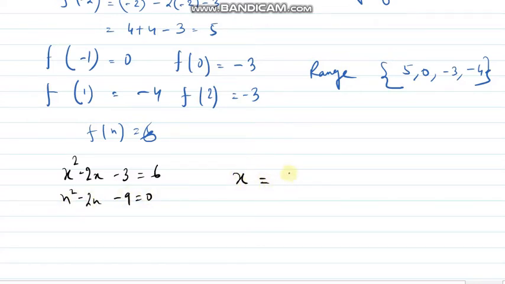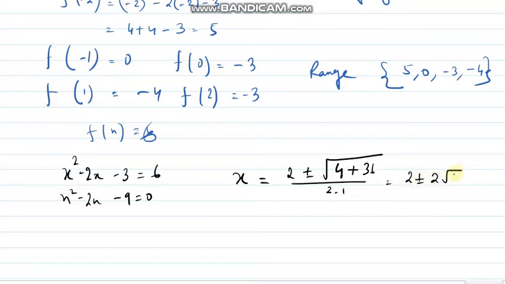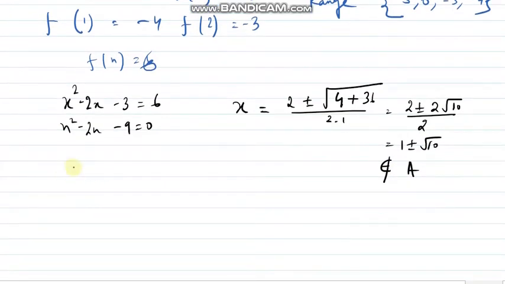If I apply the Sridharacharya method, x = (-b ± √(b² - 4ac)) / 2a, so (2 ± √40) / 2, which gives 1 ± √10. Both are irrational numbers and do not belong to set A. So 6 doesn't have any pre-image.